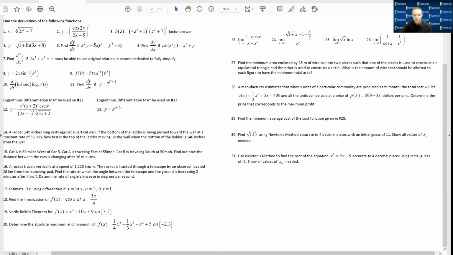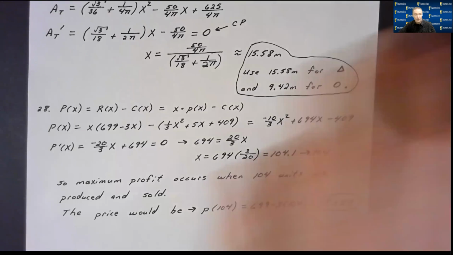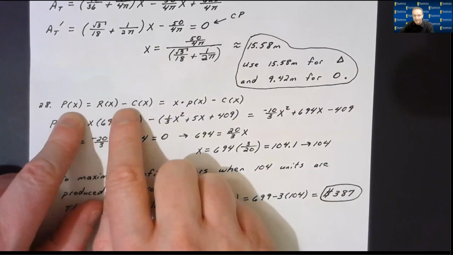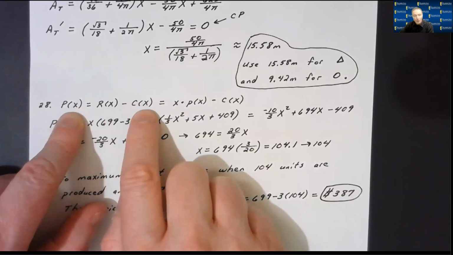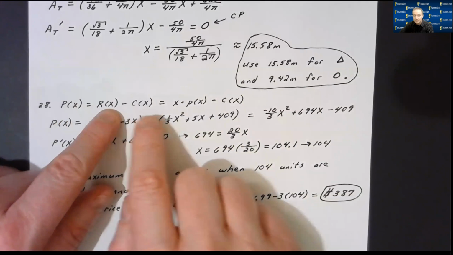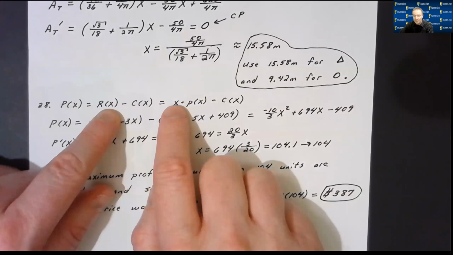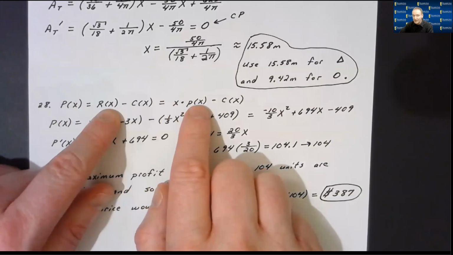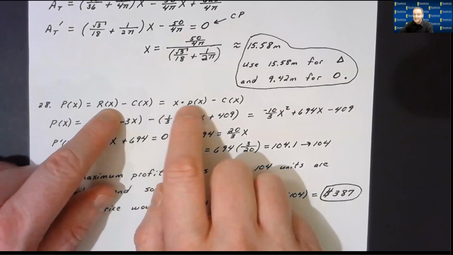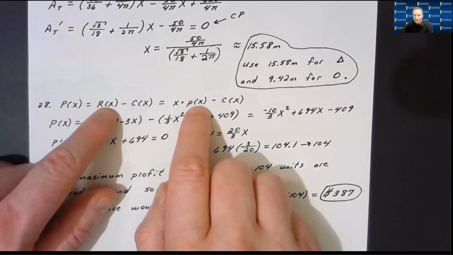Okay, so what I would do in that problem, we know that profit is always equal to revenue minus cost. But now please remember, the revenue in this problem is determined by the number of units you can sell times your price function that sets the price at which you're going to sell each unit. So X times P of X is going to be the revenue function.